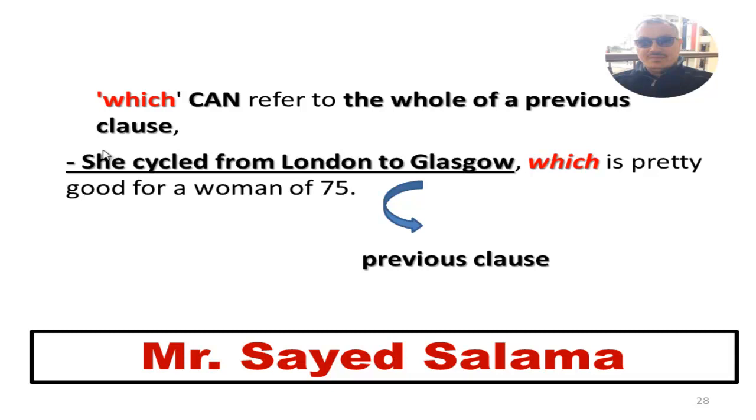She cycled from London to Glasgow, or cycling from London to Glasgow is pretty good for a woman of 75 years. So which sometimes refers to the whole of a previous clause.